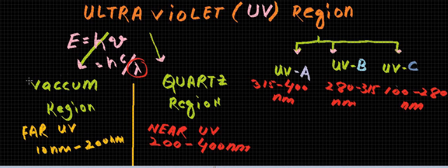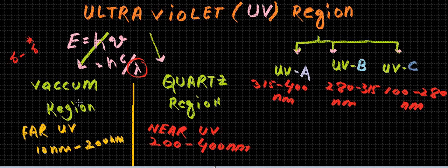The reason is that atmospheric gases like nitrogen, oxygen, carbon dioxide and water vapors absorb in that region from 10 nanometers to 200 nanometers, and most of the sigma to sigma star transitions of molecules also occur in the vacuum region, like 160, 170, 180 nanometers.